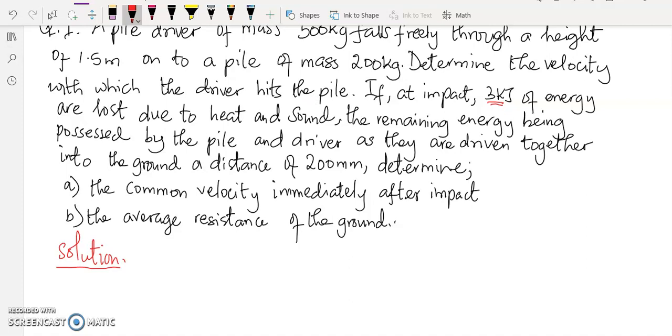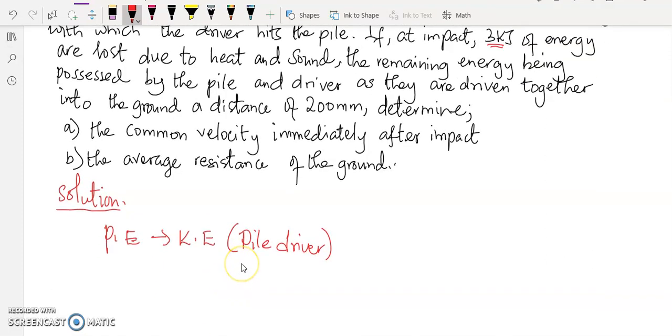So you see the potential energy of the pile driver is converted to kinetic energy. So from potential energy to kinetic energy, that is for the pile driver. Potential energy is equivalent to mgh, and kinetic energy is equal to a half mv squared.